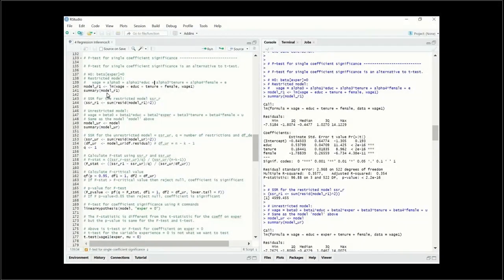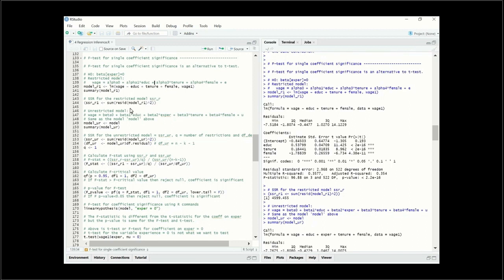So let's go ahead and estimate this linear model of wage, regressed on education, tenure, and female. Notice that this does not include experience here. And these are the results. These are the coefficients. So this would be the restricted model. So we're summarizing the restricted model.